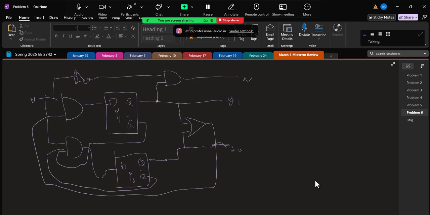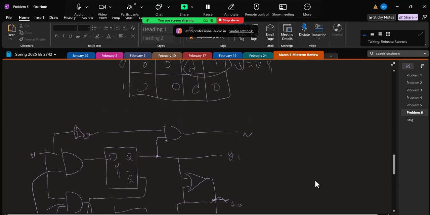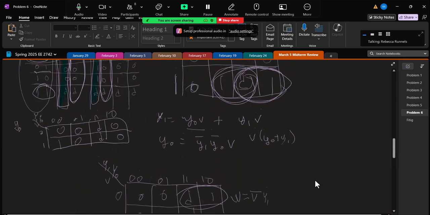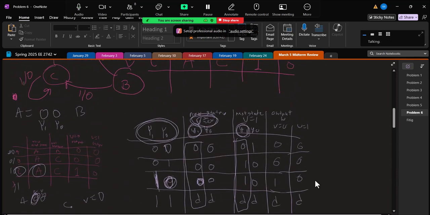Can you explain V and W? Go back to the table. V is your input and W is your output. So V was our input, 0 or 1. W is just what I called the output.